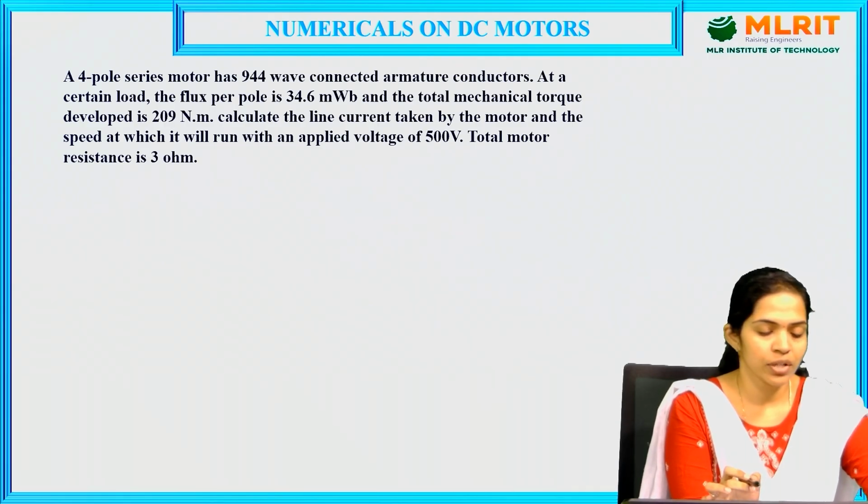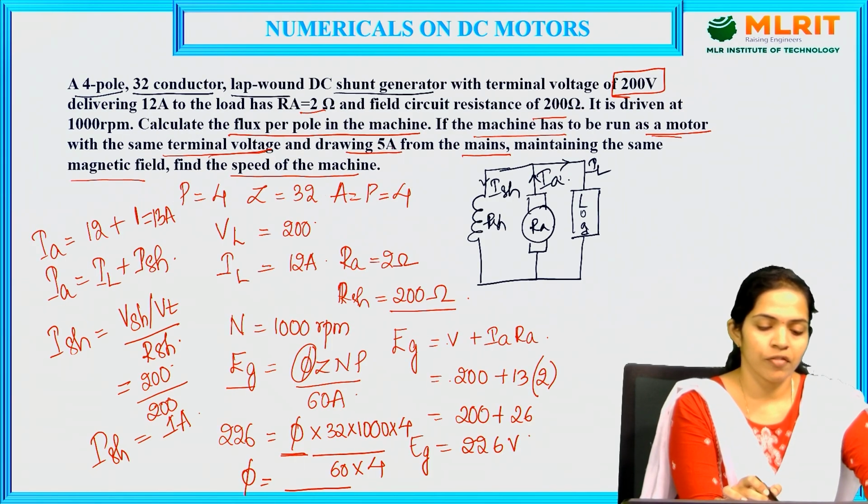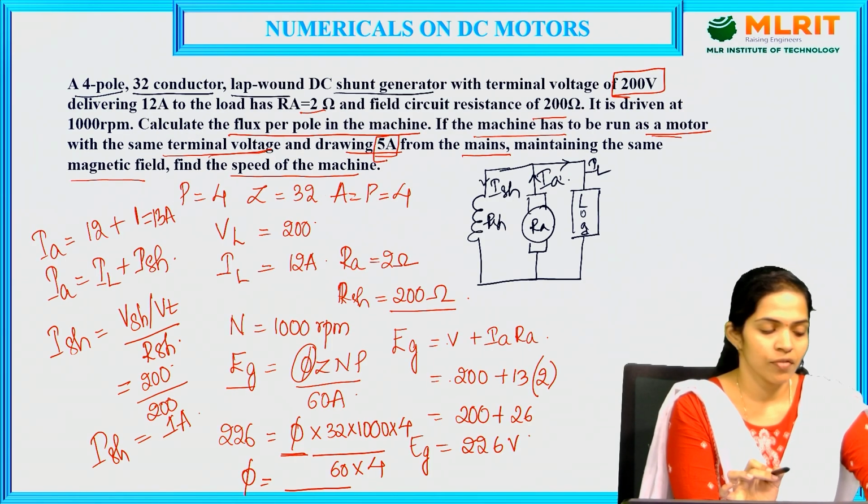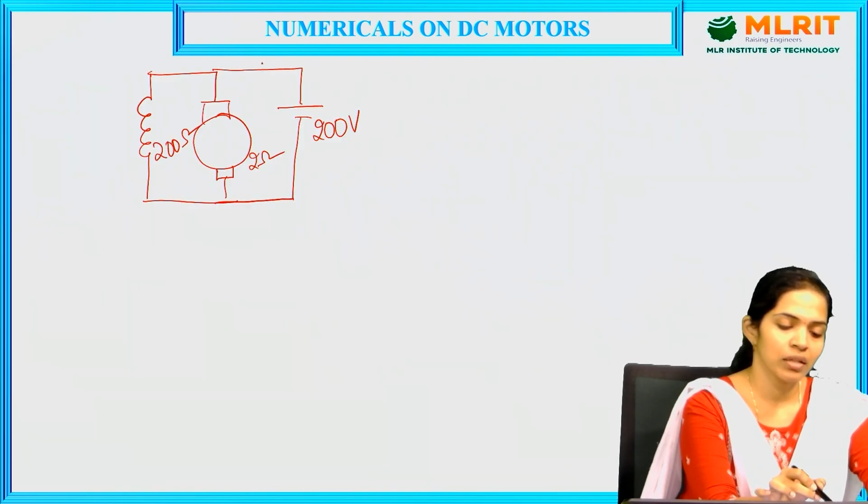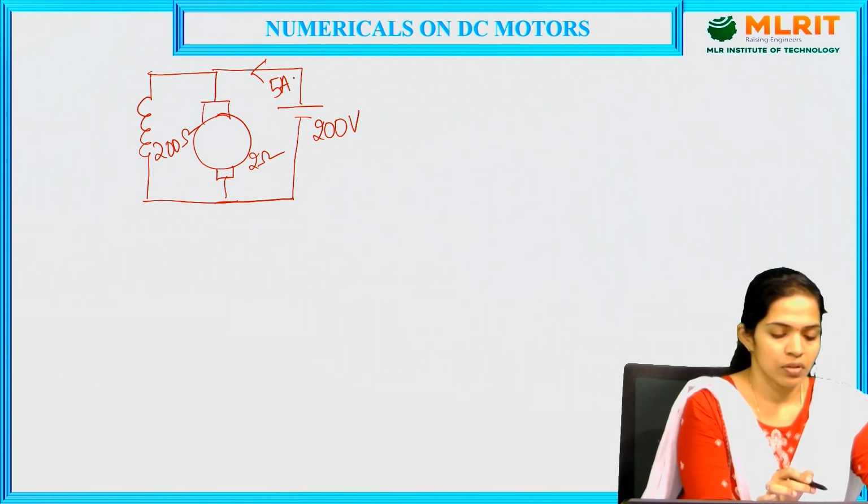And now it is drawing 5 amperes from the main supply lines. So now your IL value will be 5 amperes. We have to calculate Ia and ISH first.